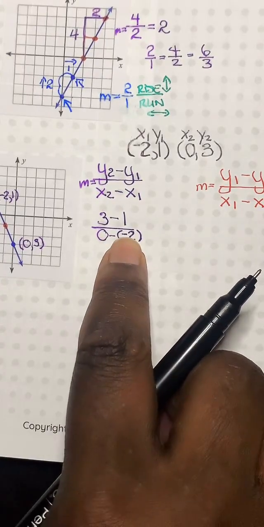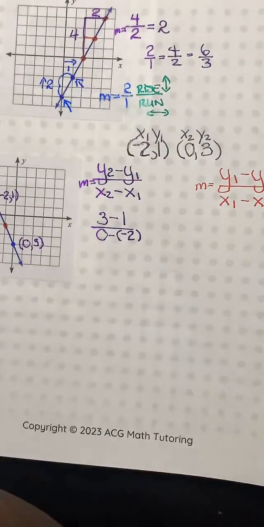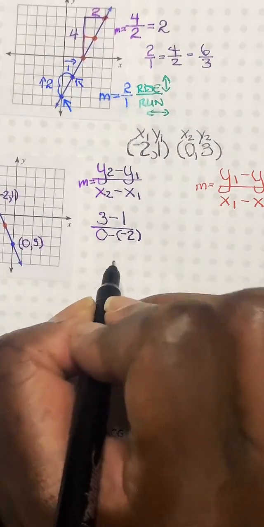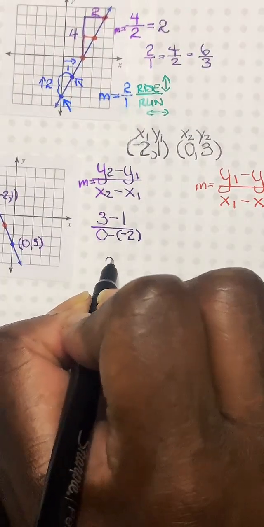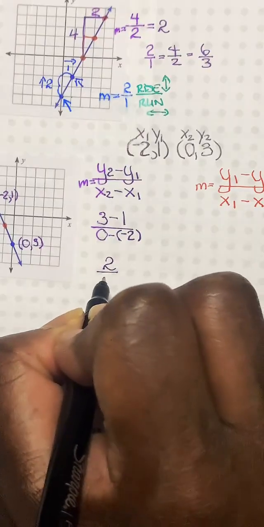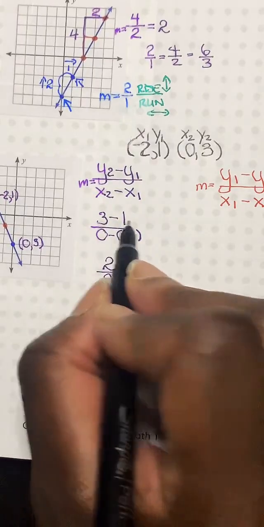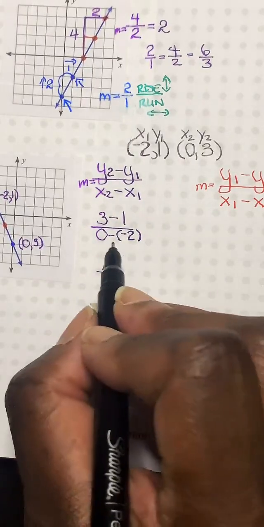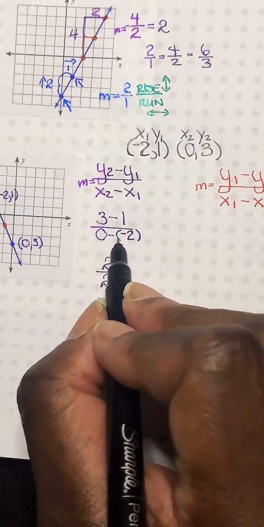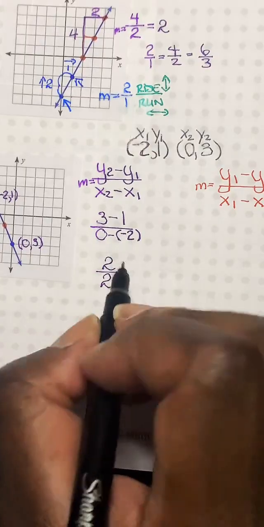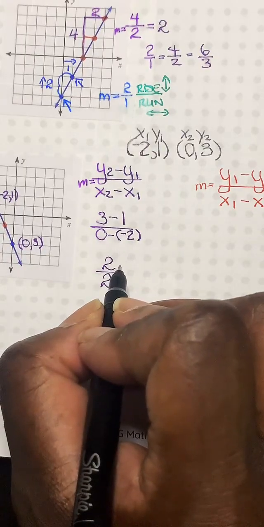Because when you minus a negative, it turns positive. So in fact, this is going to be 2 over 2. Okay? 3 minus 1 gives me 2. 0 plus 2 gives me 2. So it gives me a 1.